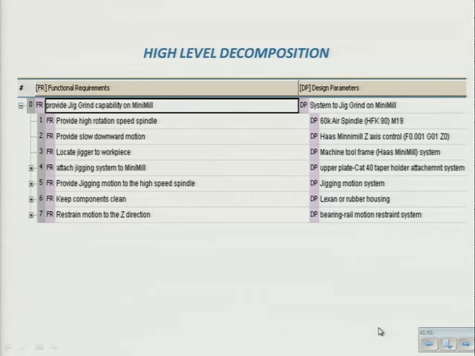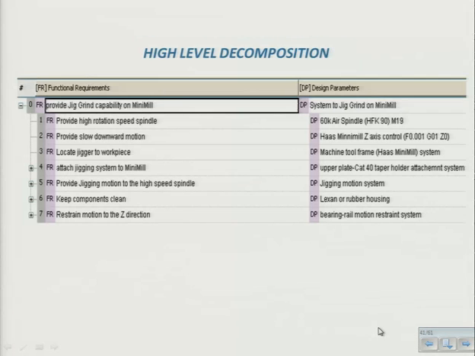So the idea is here's 7 FRs, which we thought we needed to select in order to do a jig machine capacity on a Haas mini mill. And the design parameters are what we're choosing to satisfy this, and you can see some of these things were even dictated by the customer.